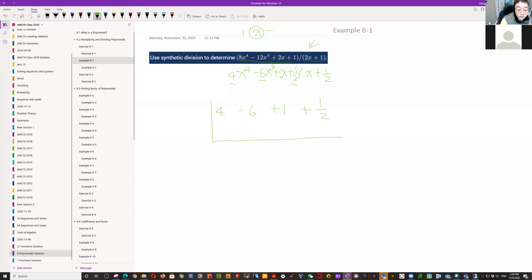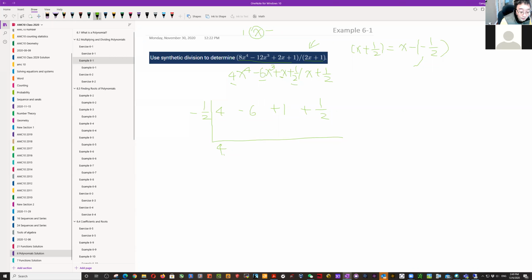And the divisor goes here. Because x plus 1/2 is equal to x minus negative 1/2, when you use synthetic division, always use the minus form. So we plug in minus 1/2.